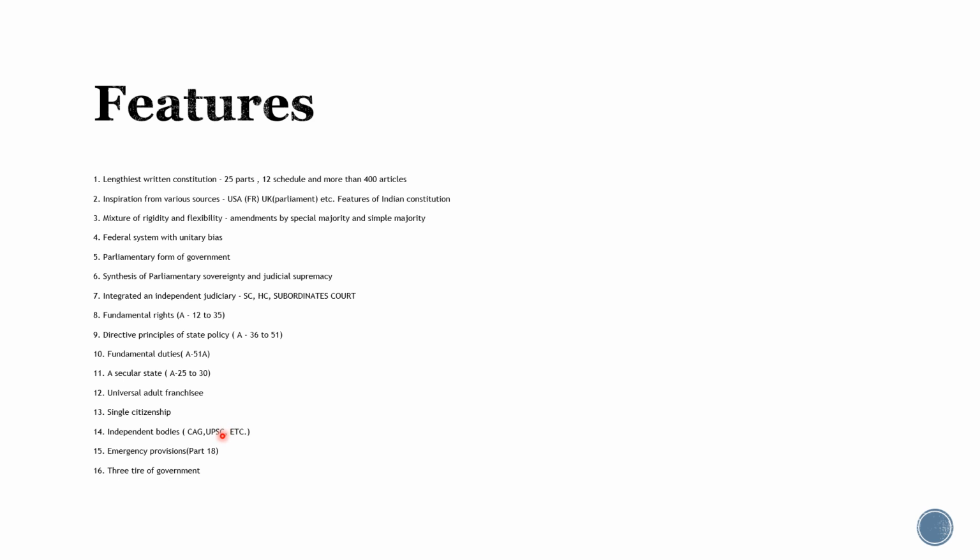Single citizenship, independent bodies, emergency provisions, and three tiers of government. So these are some of the unique and some mixed features of our constitution, which are sometimes borrowed from different country constitutions, but they are made our own and adapted to work for the population of the country. And yes, this one is a federal system with a unitary bias. We'll talk more about these in the coming slides.